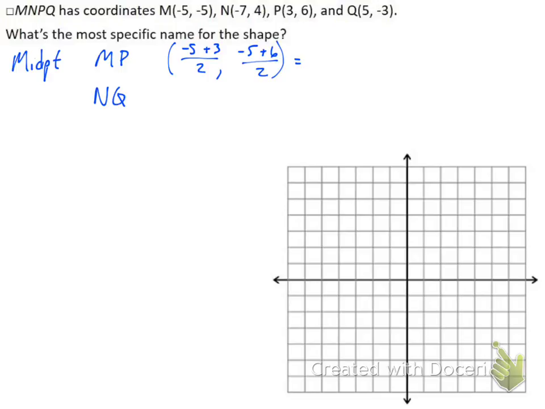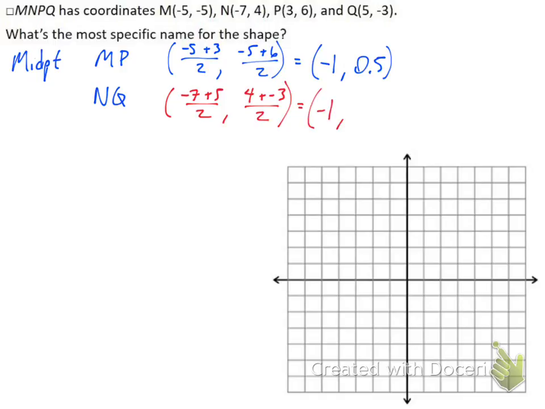So when I do that, I get negative 2 over 2, which is negative 1, and then 1 over 2, which is 0.5. Second one, NQ, I go negative 7 plus 5 divided by 2, and then 4 plus negative 3 divided by 2. So when I do that, I get negative 2 over 2, which gives me negative 1, and then 1 over 2, which gives me 0.5. So I know it's a parallelogram.